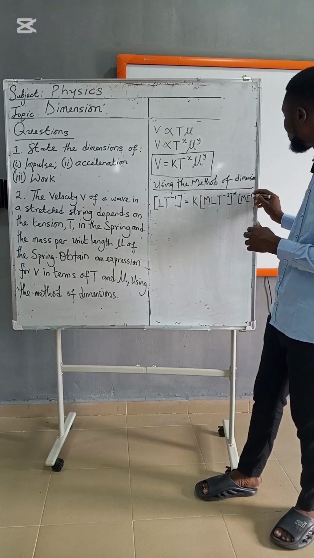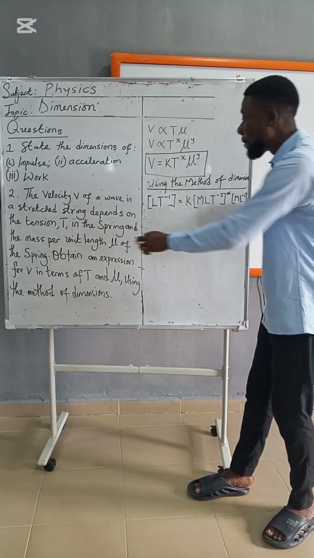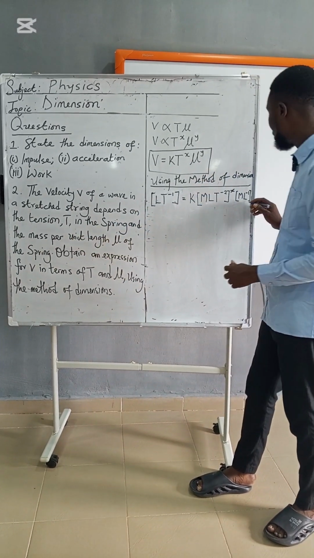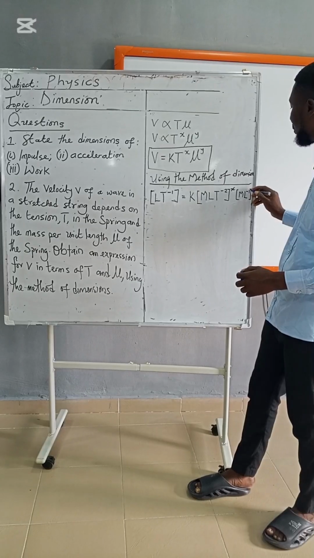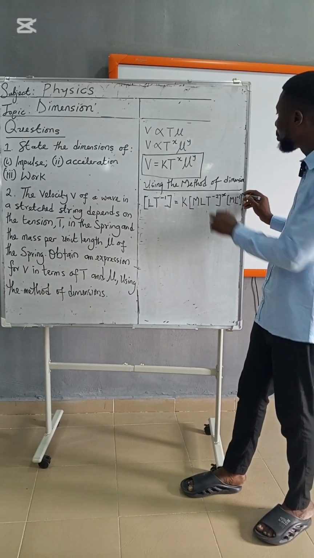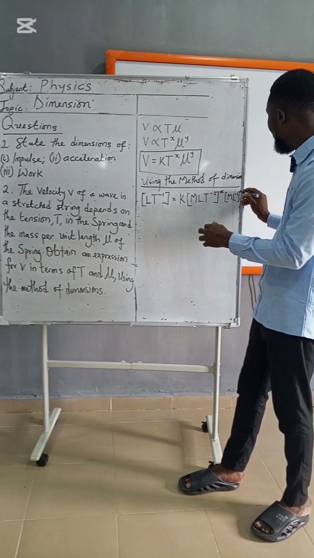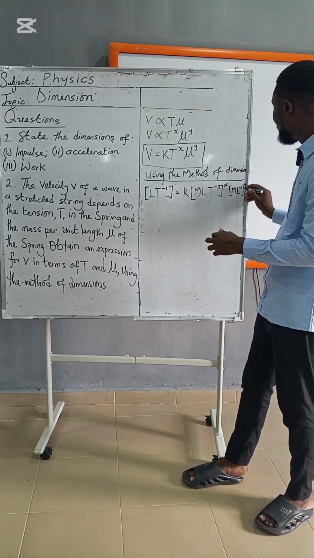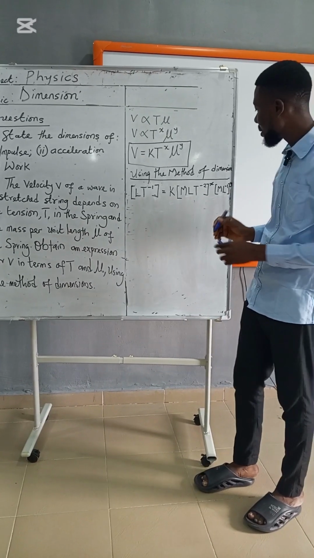Why is it minus 1? Because it says per unit length. So the length goes up and you have a negative power. Then you put your y outside. Hope you can see my y because of the space.